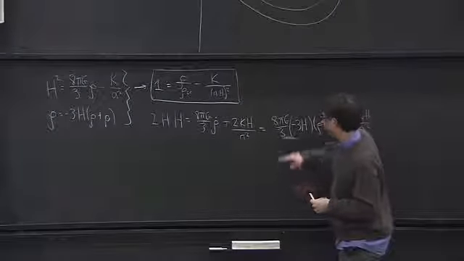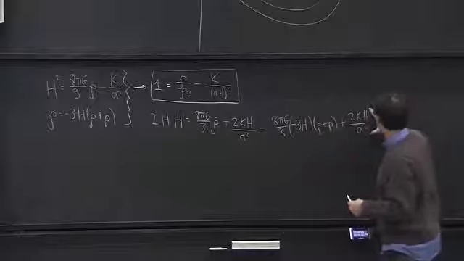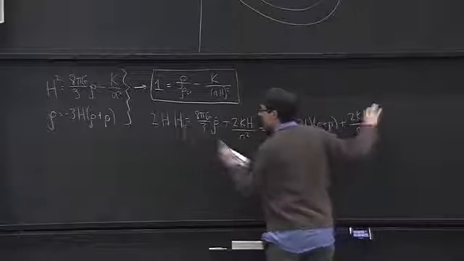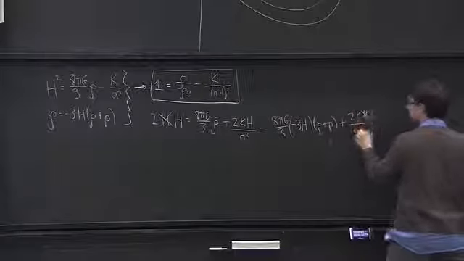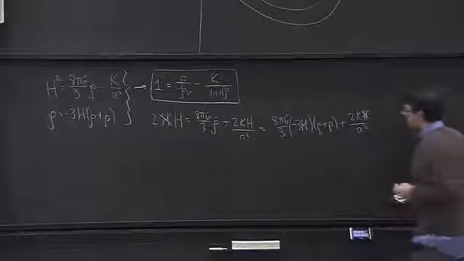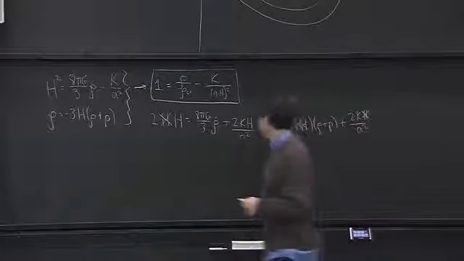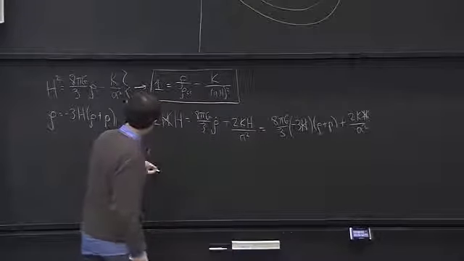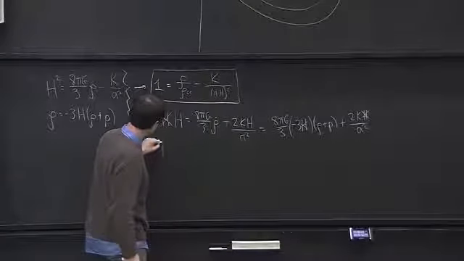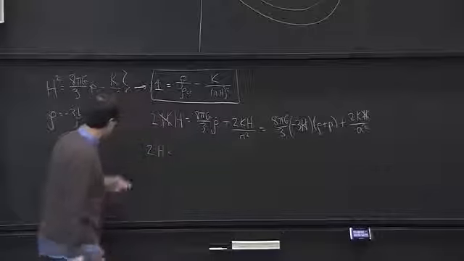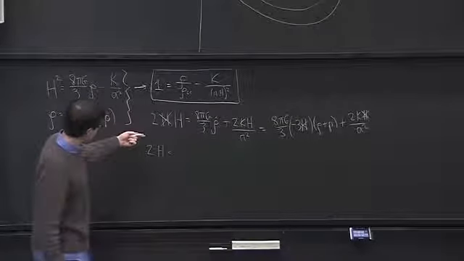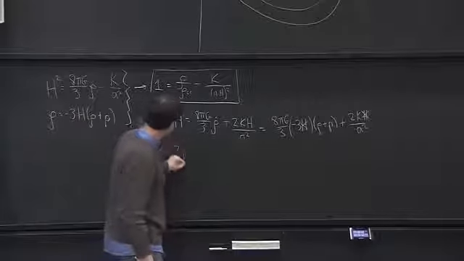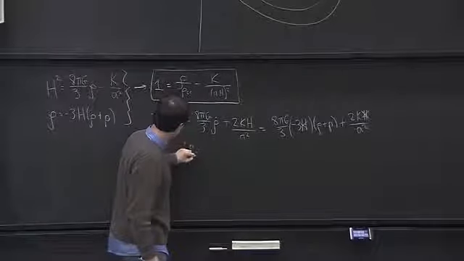Now I can divide an overall h out of this side and this side, so I'll kill an h in each term. So now 2h dot is really, since h is a dot over a, h dot is a double dot over a.